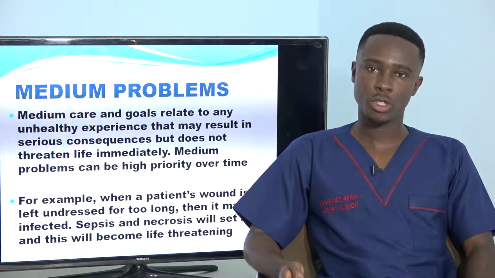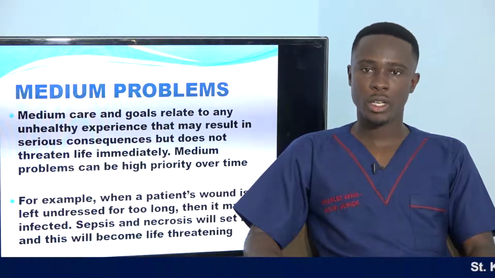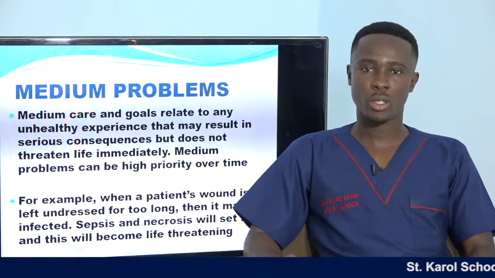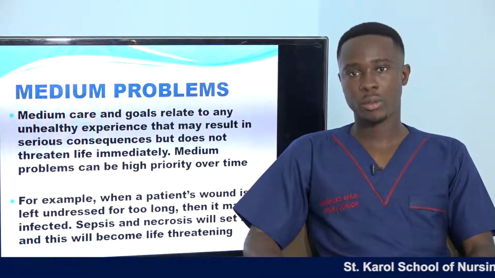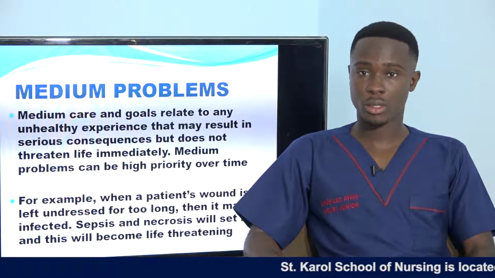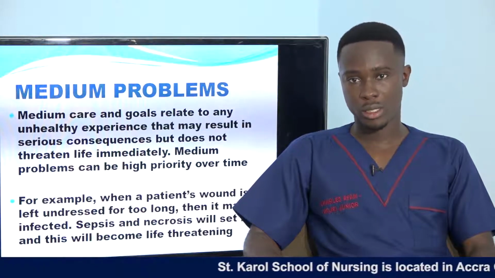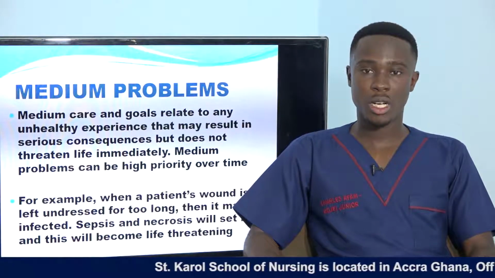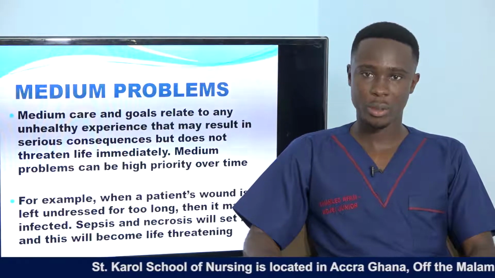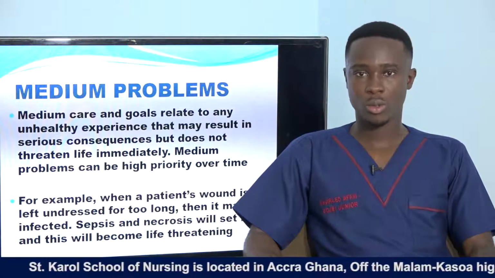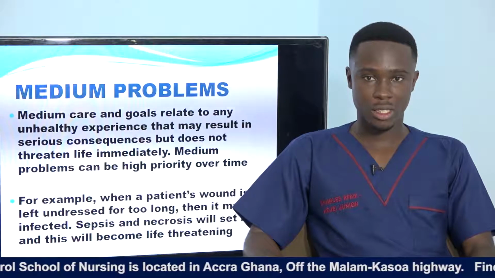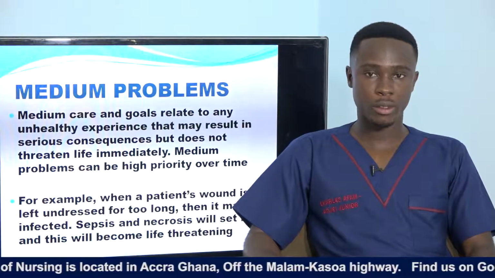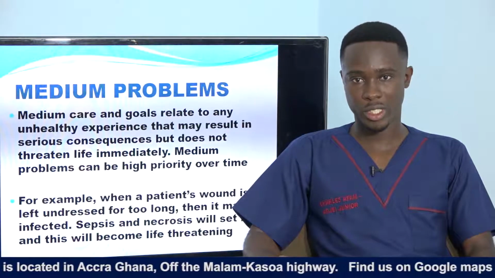So moving on to medium problems. Medium care and goals relate to any unhealthy experience that may result in serious consequences but does not threaten life immediately. So medium problems can become high priority over time. So the example I gave earlier, comparing bleeding to wound and anorexia.